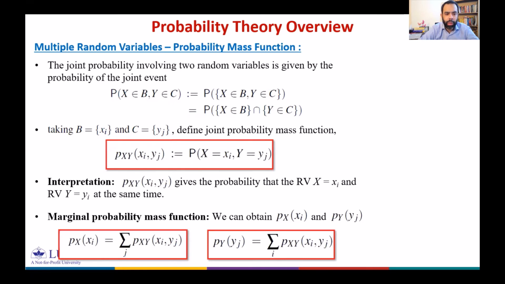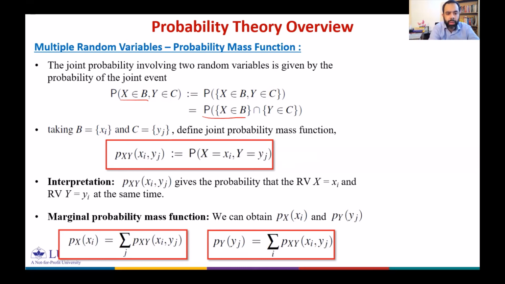Joint probability involving two random variables: the probability that x belongs to B and y belongs to C is equal to the probability of x belongs to B intersection y belongs to C.